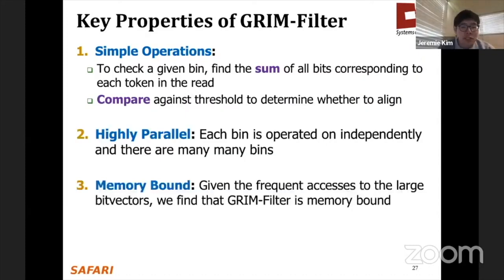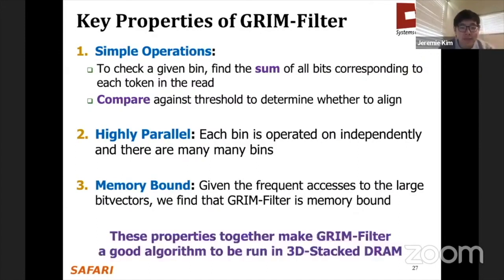It's also memory bound because we have to access the large bit vectors very frequently to calculate the potential existence. We find that these 3 properties together make GRIMFilter a good algorithm to run in 3D stacked DRAM, which has high throughput and lets you operate on things in parallel inside the logic layer.